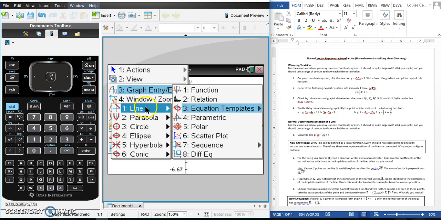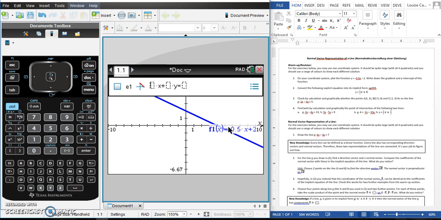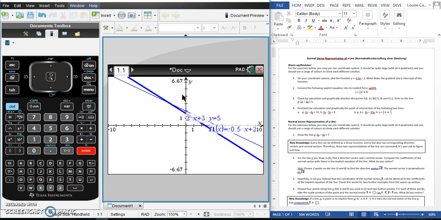So I know that this is going to be a line, and it gives me a couple of different forms, and the form of this one, 2x plus 3y equals 5, is similar to this line form, so I'll click on that one. So I get 2x plus 3y equals 5, and then I can draw that line there.